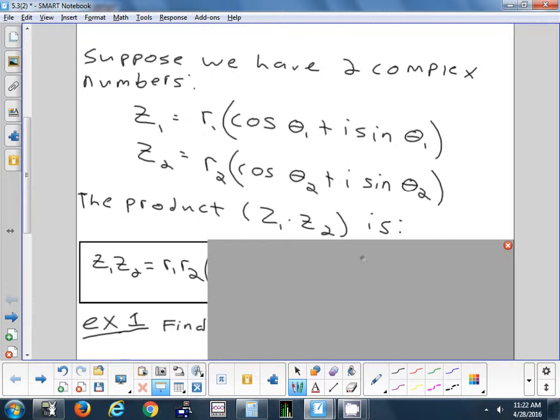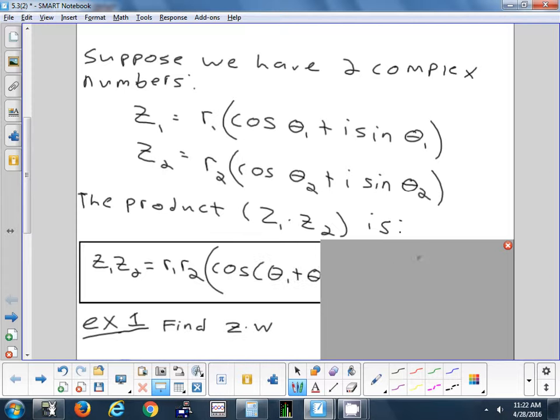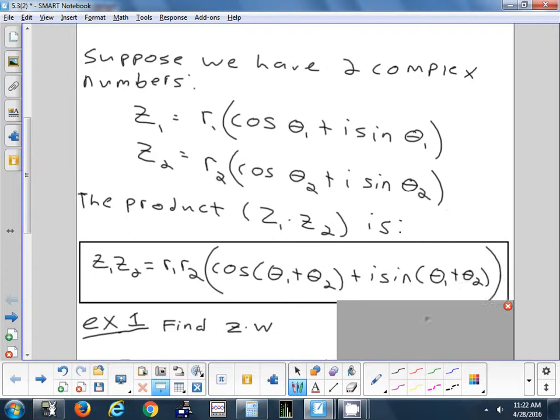Take whatever r1 is, whatever r2 is, multiply them. And then look at your 2 angles and add them up. Whatever θ1 is, add it to θ2, and that's your new angle. And that's it. That's all you have to do to multiply complex numbers in polar. Multiply the 2 radii, add the 2 angles. You're not going to have to worry about any of that other stuff you had to do when we FOILed.